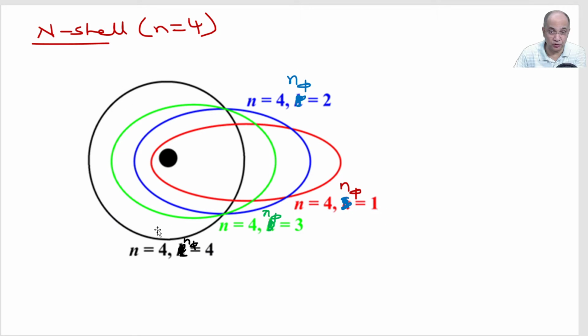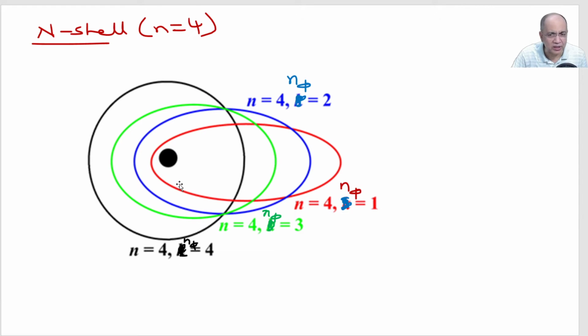This is n phi equal to 4, this is n phi equal to 3. As the n phi value goes on decreasing from the highest value, which is equal to the n value, it will start as a circle, then go on becoming dwarfer and dwarfer in thickness, becoming elliptical and spreading, because the minor axis will be decreasing, right? So this is the dwarfest.